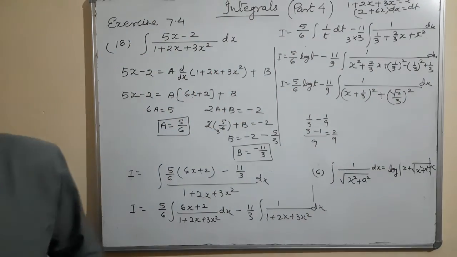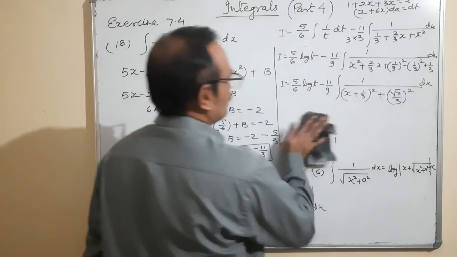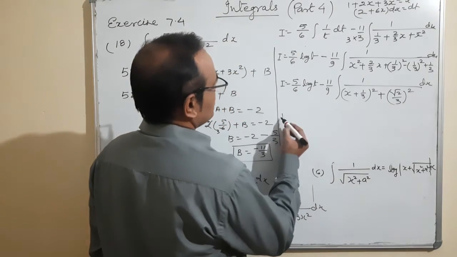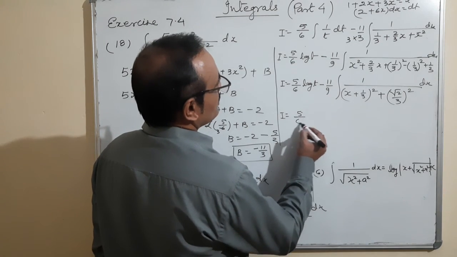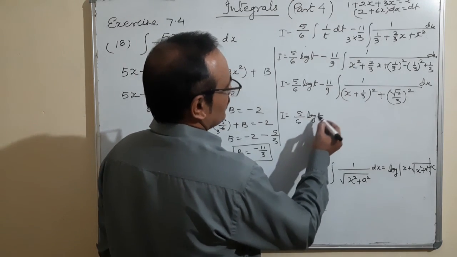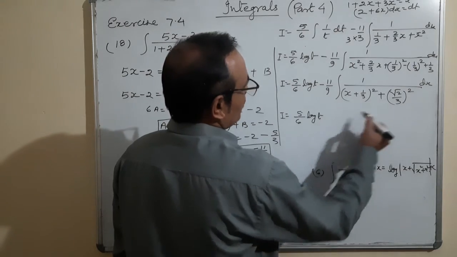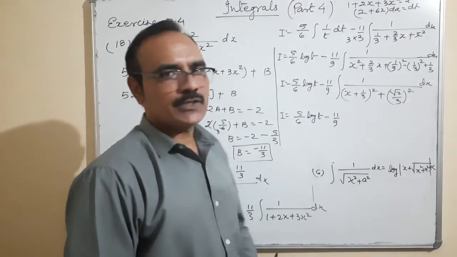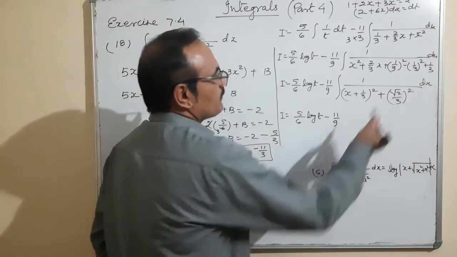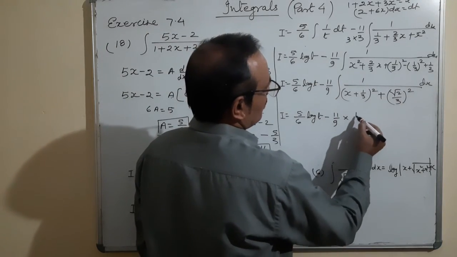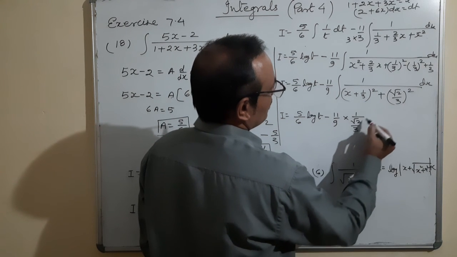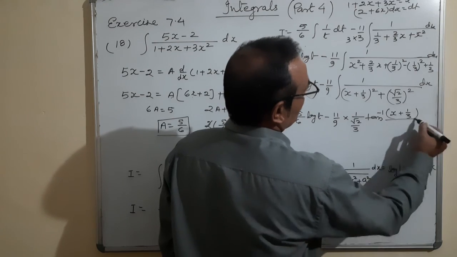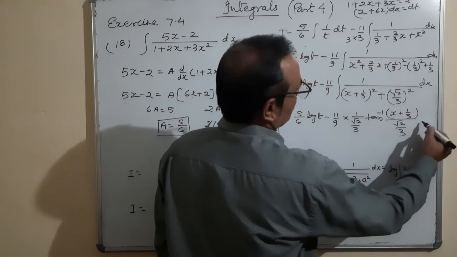It becomes 1 upon x square plus a square, and that is 1 upon a tan inverse x upon a. So I is equal to 5 upon 6 log t, t will be replaced after that, minus 11 upon 9, 1 upon root 2 upon 3 tan inverse x upon root 2 upon 3, plus c.